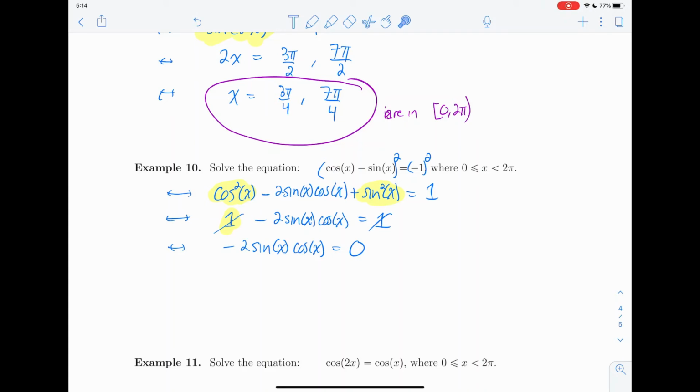However, that's making this way more complicated than it needs to be. You can do that and you'll get the right answer. Or, what if you just divide both sides by negative 2? This turns into sine x cosine of x equals 0. Then the zero factor property says either sine of x equals 0 or cosine of x equals 0.